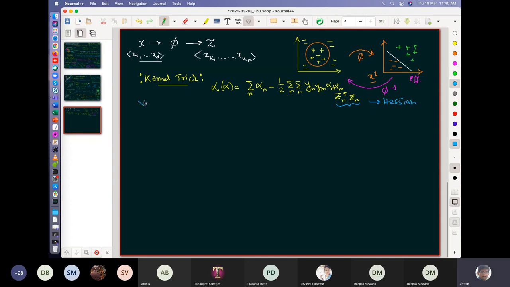If it is a linear kernel, this could be x_i dot x_j, which is put in the Hessian matrix. Everybody remembers this, right? So we have a matrix called the Hessian matrix where we put all these y_n, y_m, x_n dot x_m. The dot product I have just written as a transpose multiplication, which is just the dot product, nothing else.